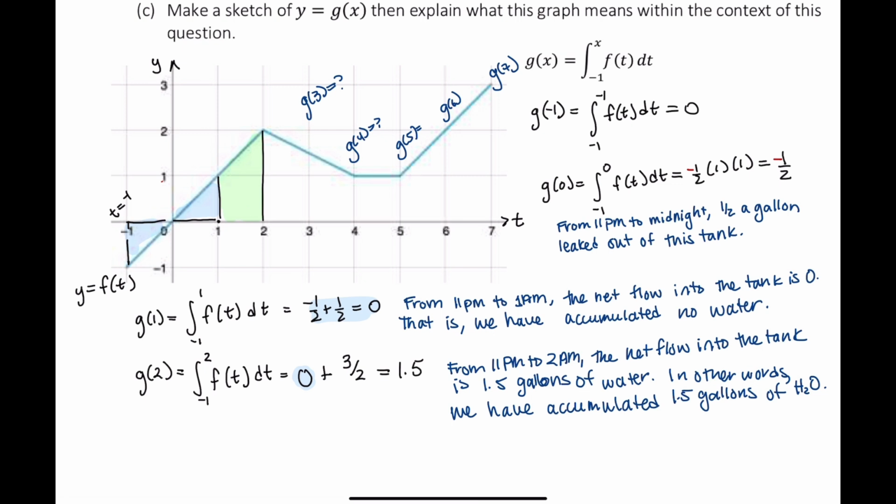You don't have to go as specific as I did here, where I gave you a very specific interpretation from 11 p.m. to midnight, from 11 p.m. to 1 a.m., from 11 p.m. to 2 a.m., but give me a very general interpretation that will explain what each of these values for G that you are going to evaluate means.